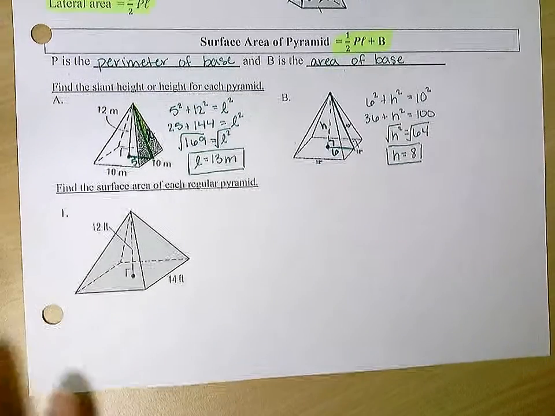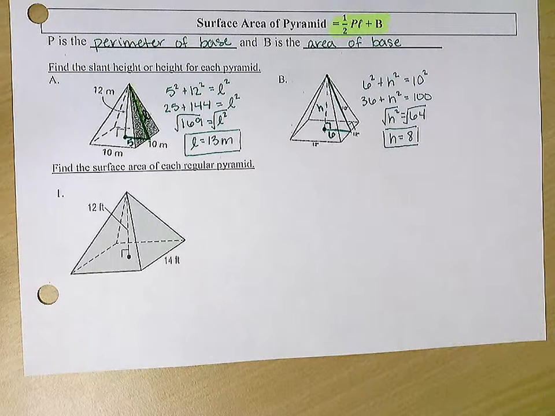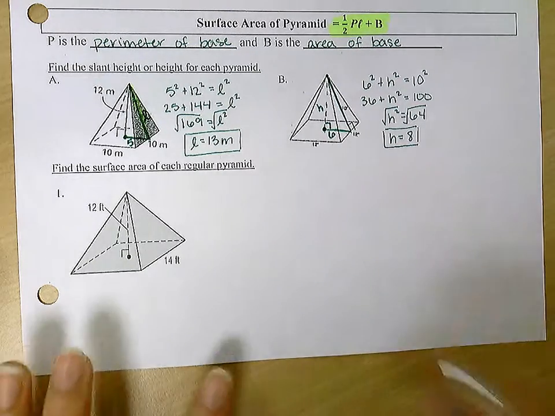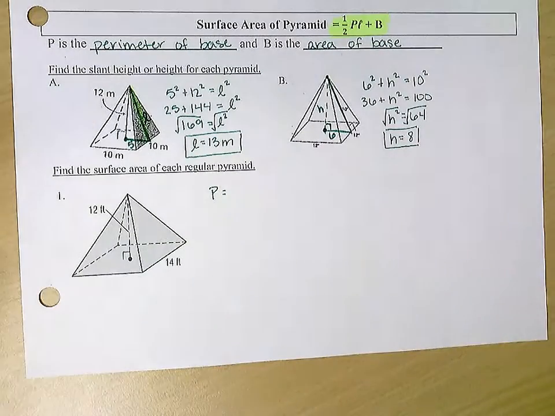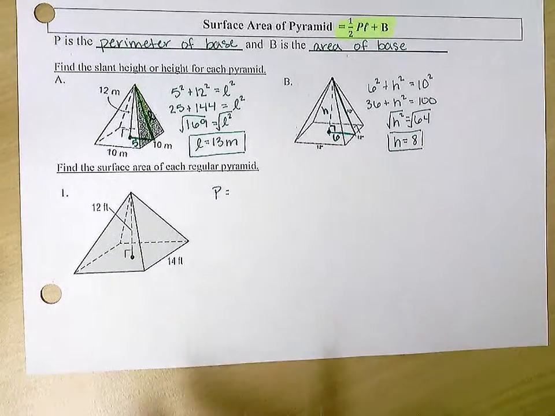All right, then I do want to get into an example of finding the surface area. Just like before, when we're solving for surface area, I want to find each and every piece of that formula. So find P, find L, and find B. First is P. P is the perimeter of your base. Our base is this square right here.